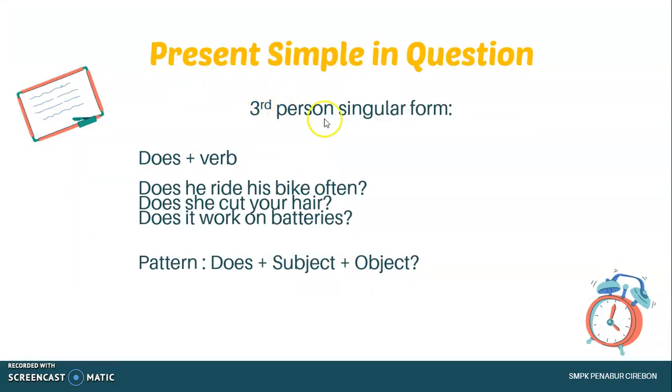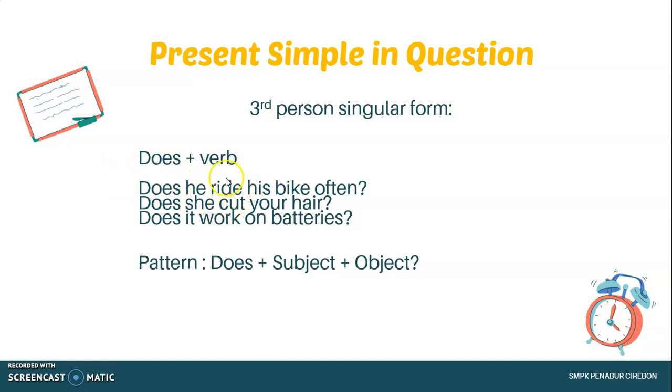Next, it is for the third person singular forms. It has does as the auxiliary. Does he write his paper? If in positive, it becomes he writes. But in negative and interrogative or question, we need to put does in a different place from the verb.